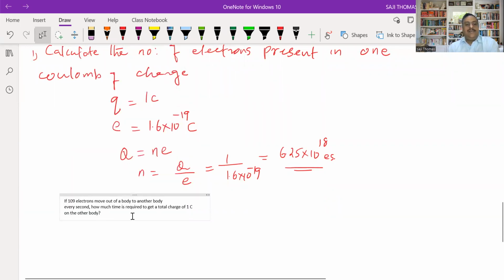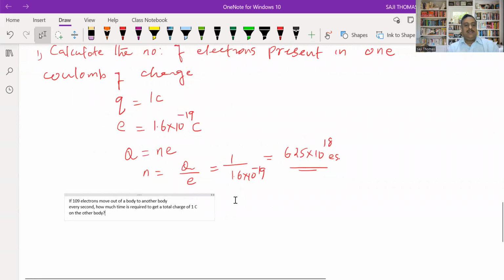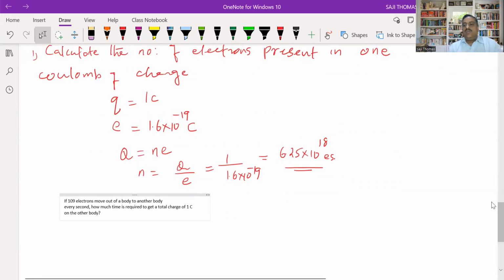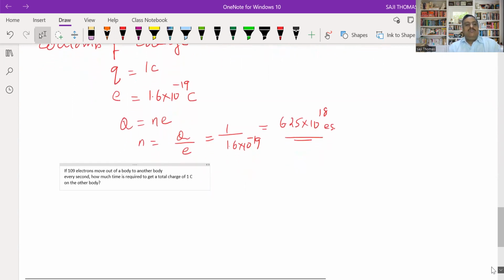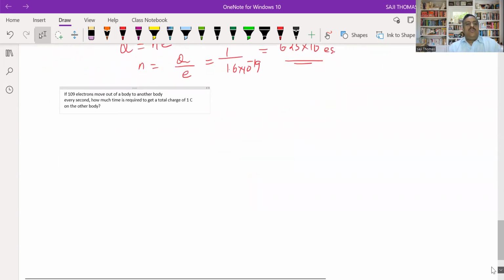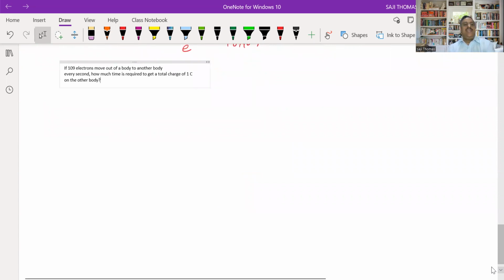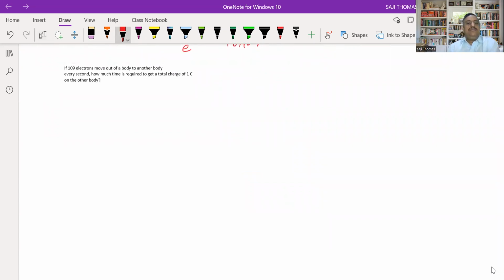So question is here, 10 raised to 9 electrons move out of a body to another body every second. How much time required to get a total charge of 1 coulomb on other body? Here also basic formula you have to use is Q is equal to plus or minus Ne. So 10 raised to 9 electrons move out. So what is N here? 10 raised to 9.